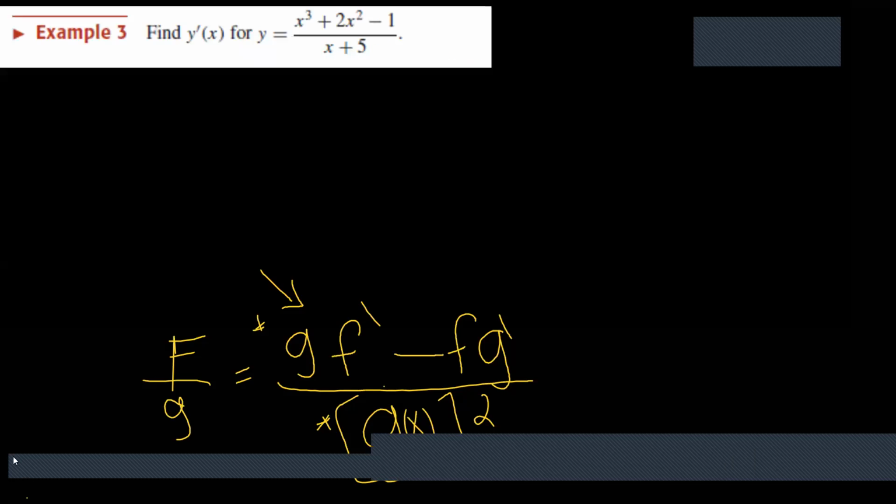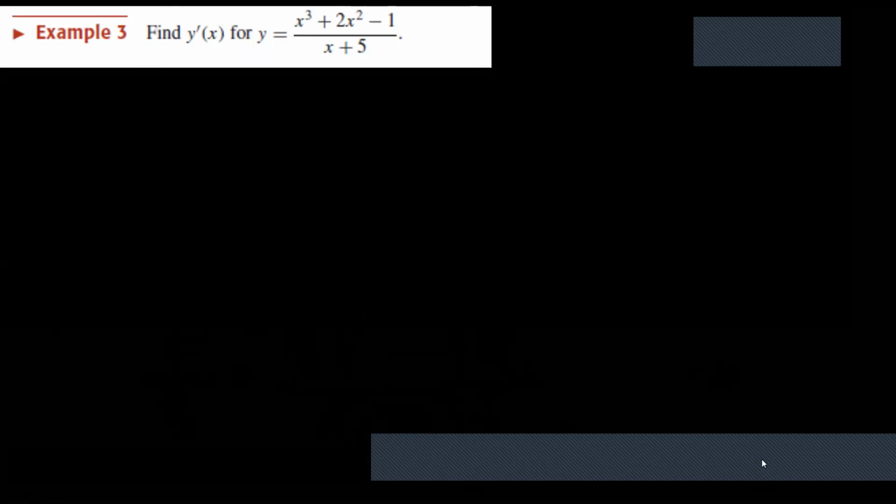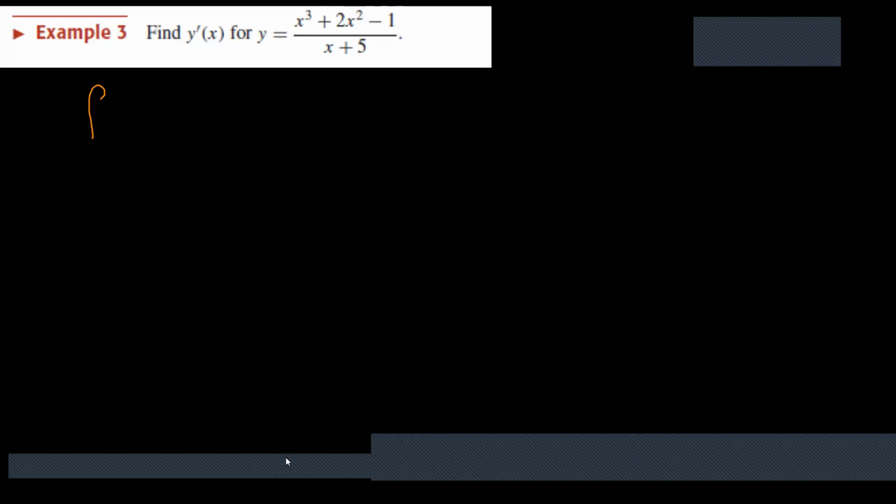Let's have an example now. Before this one, let's do an easier one. If you have f of x, or y as an example, equal x cubed over x squared minus 1, and I want you now to find its derivative.